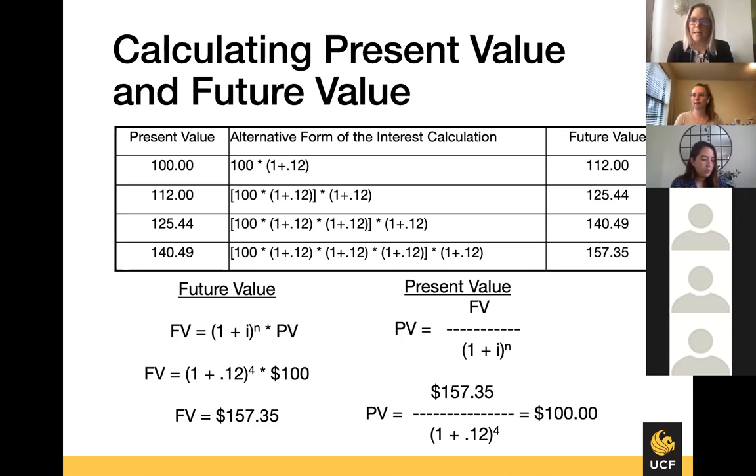So again, I needs to be divided by the number of compounding periods per year, so that the I that we're using in the formula reflects the interest rate per compounding period. And then the N in the formula needs to be adjusted by taking the number of years of the investment and multiplying it by the number of compounding periods per year, again so that the N in the formula is actually reflecting the total number of compounding periods for the entire investment.